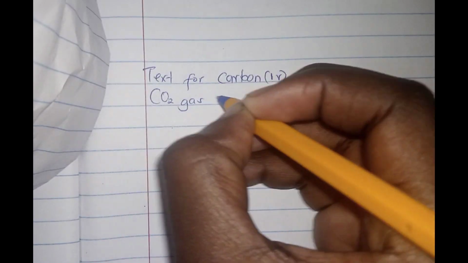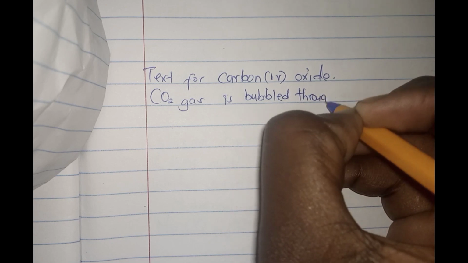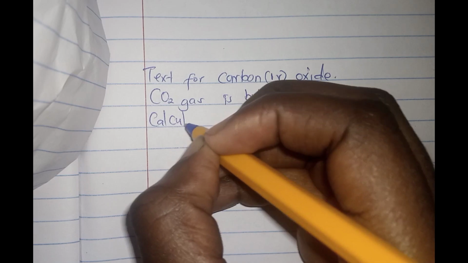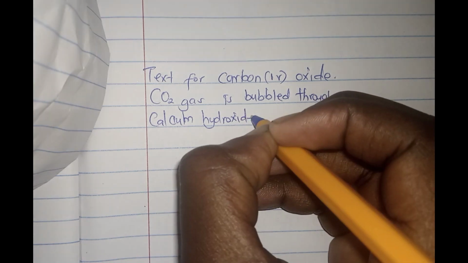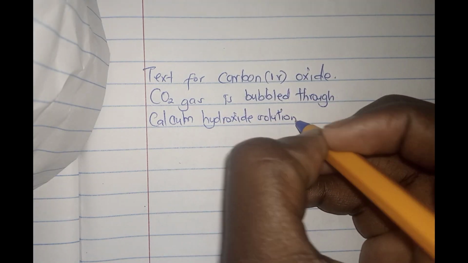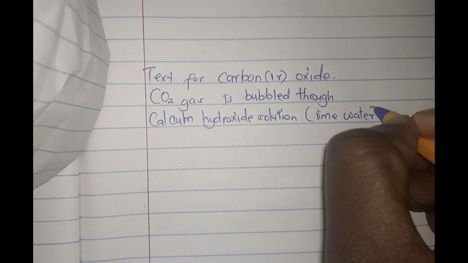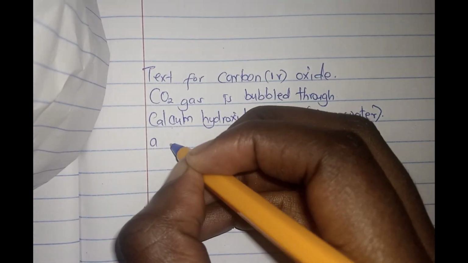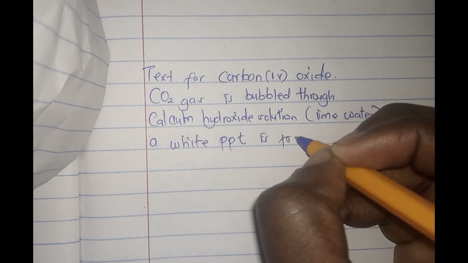So this gas is bubbled or passed through calcium hydroxide solution or lime water, and a white precipitate is formed.